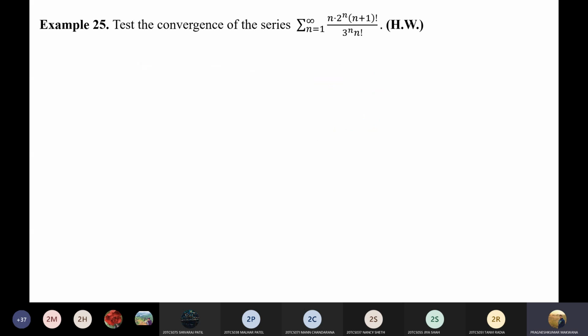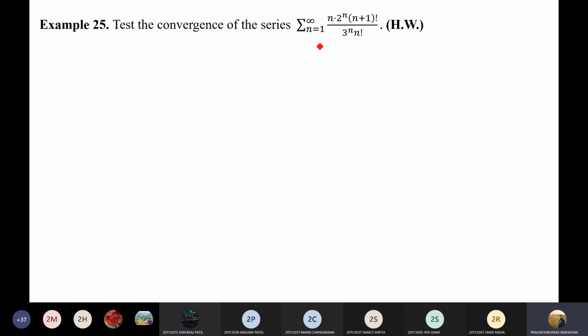Next, note down this example as homework. Test the convergence of the series sum from n equal to 1 to infinity of n into 2 raised to n, into (n plus 1) factorial upon 3 raised to n, upon n factorial.